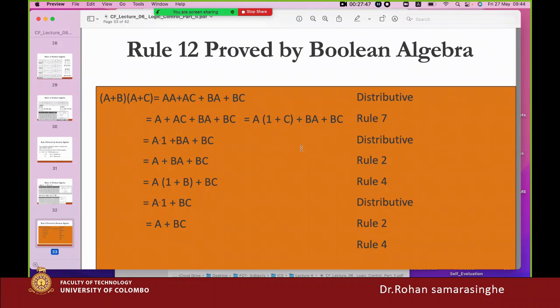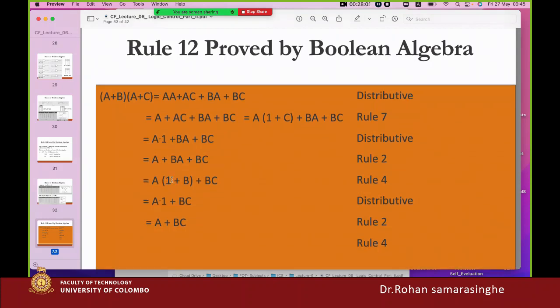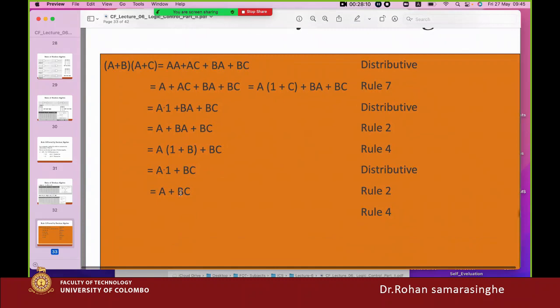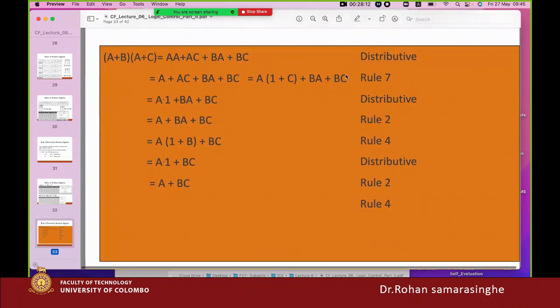BA plus BC, get B times A plus C. From these you get A times 1 plus B and BC. 1 plus B equals 1, so A plus BC. Likewise, you can write the rules you applied to simplify this one.